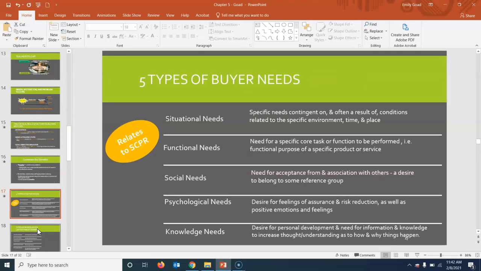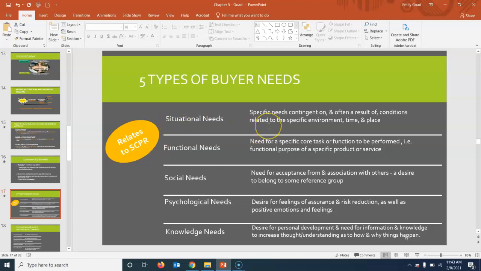The other thing that I'm going to let you go through on your own, and you see over here it says relates to SCPR. That's coming in 3 or 4 weeks. It's your sales call planning report. I just marked this so that you can find it easily when we get into the sales call planning report.